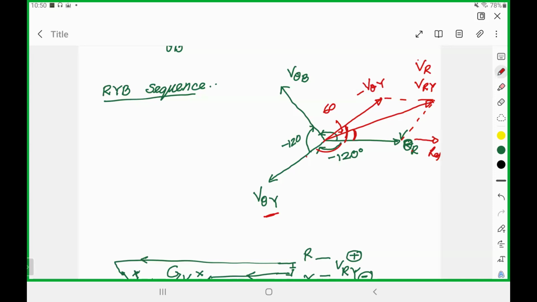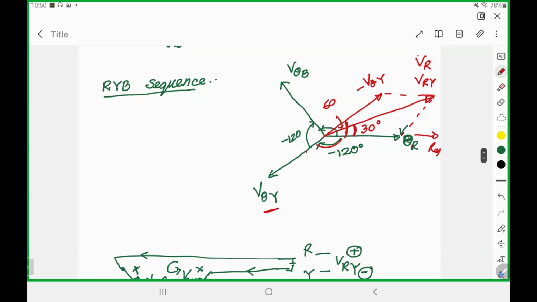So that's why this will be 30 degrees. Yeah, because they are the same magnitude. But if they are different values, this angle will be different. But we have taken the balanced case, so they are the same magnitude and the angle will be split into half. So this will be 30 degrees.